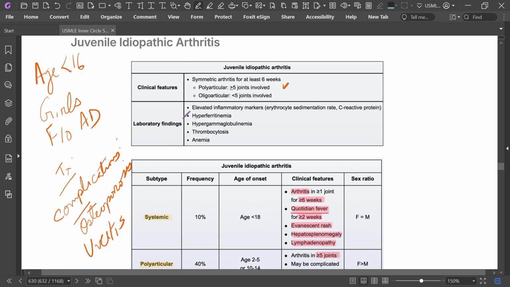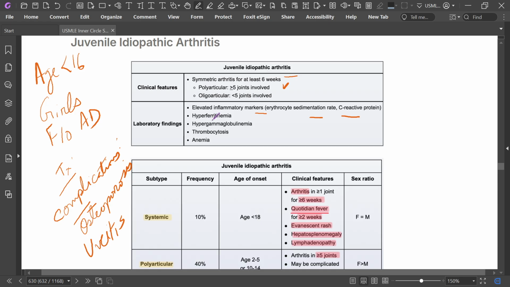In juvenile idiopathic arthritis, what are the lab findings? There may be elevated inflammatory markers, as it is arthritis, inflammation, itis. So elevated ESR and elevated CRP.